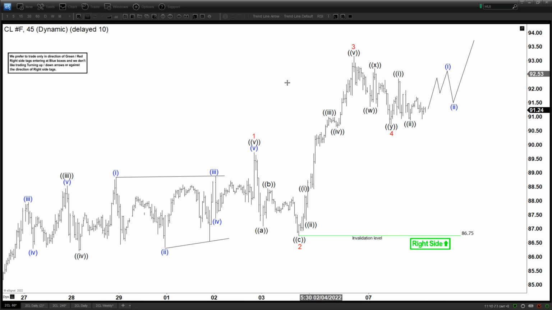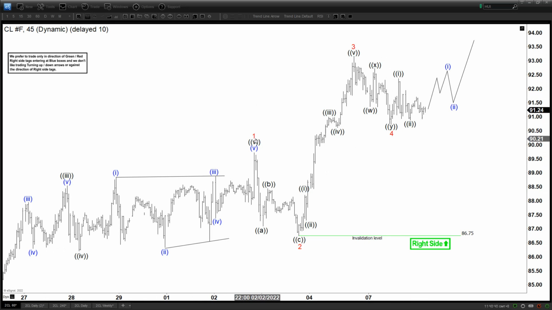And for today we're going to be looking at the chart of oil. This is a 45 minute chart here. We can see right here that it continues to go up, for now.